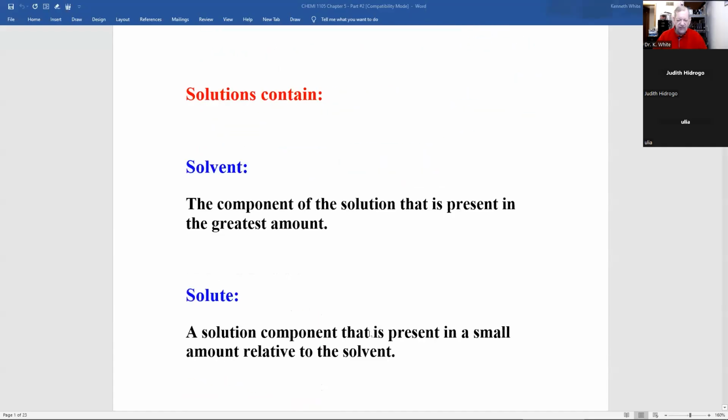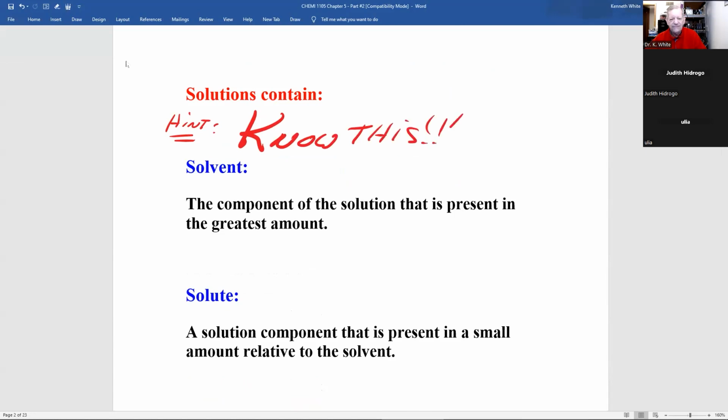Now, when we talk about solutions, there are 2 things you should know. They contain a solvent, and a solvent is the component of the solution present in the greatest amount.